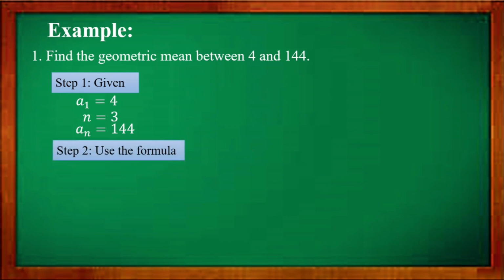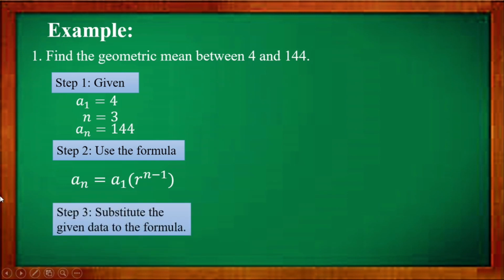After we identify the given values, we can now use the formula for the nth term of a geometric sequence, which is a sub n equals a sub 1 times r raised to n minus 1. The next step is substituting the given values into this formula. That is why we will have a sub n is 144 equals 4 times r raised to 3 minus 1.